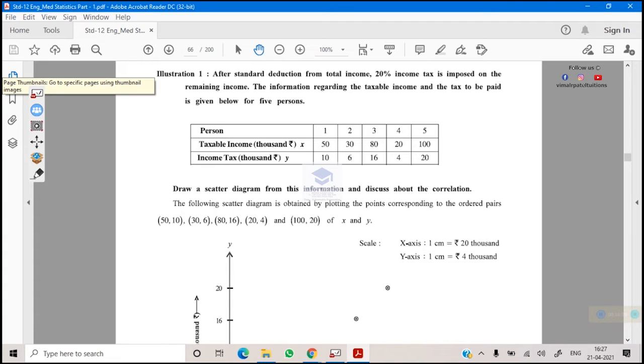Income in 1000 rupees and income tax in 1000 rupees. When the income was 50,000, tax was 10,000. Income was 30,000, tax was 6,000. Income was 80,000, tax was 16,000. Income was 20,000, tax was 4,000. Income was 1 lakh, tax was 20,000. Now, draw a scatter diagram from this information and discuss its correlation.